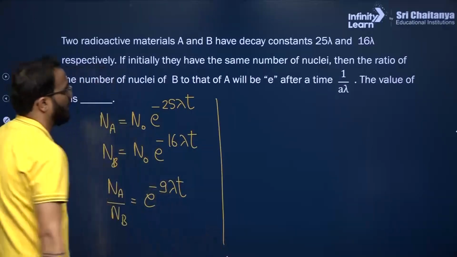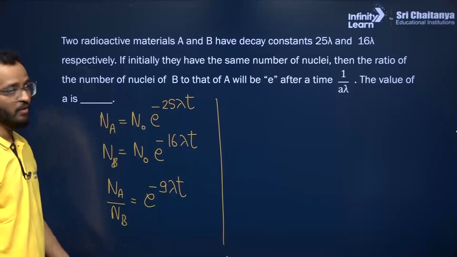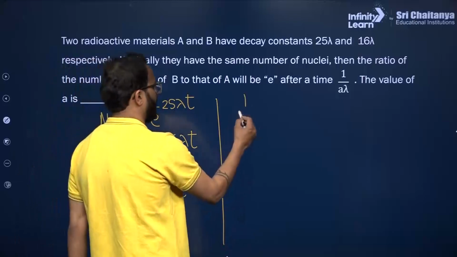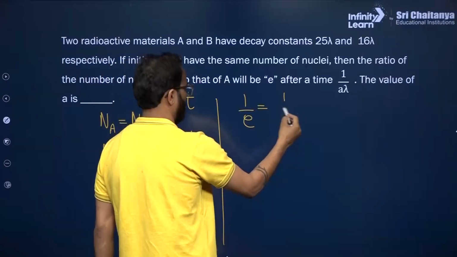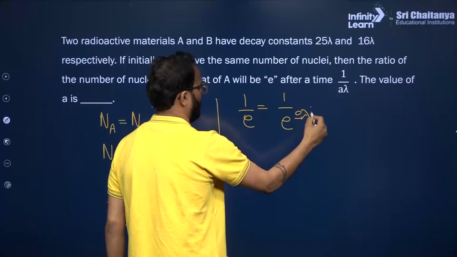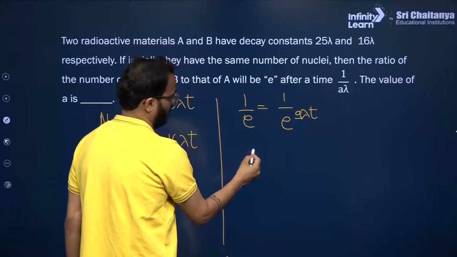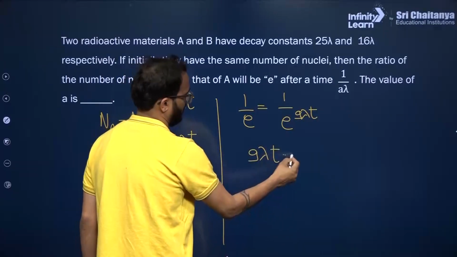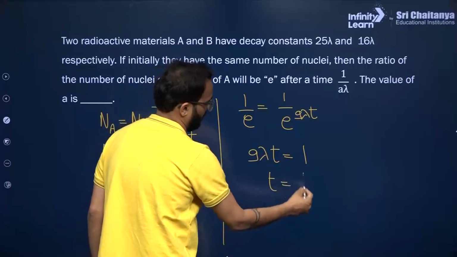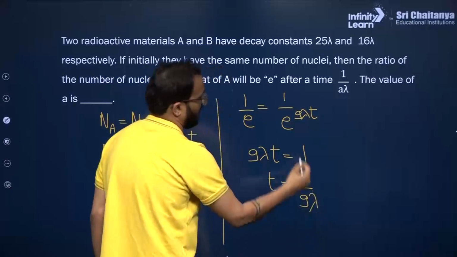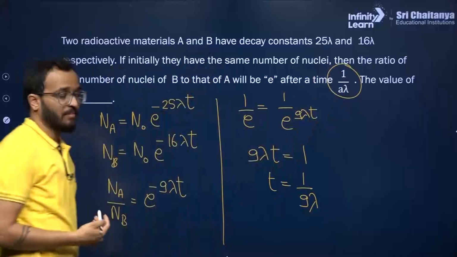Now they are saying that the number of nuclei of B to that of A will be 1 by e. So 1 by e is equal to 1 by e to the power 9 lambda T, right? So if you equate, 9 lambda T is 1, so T is 1 by 9 lambda. So on comparison, A comes out to be 9.